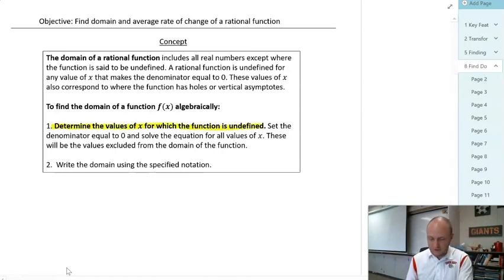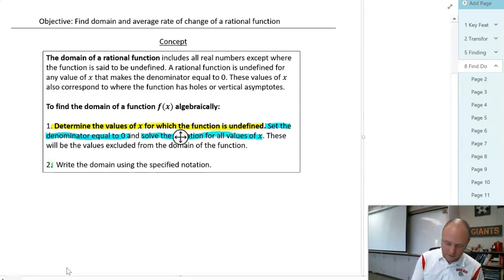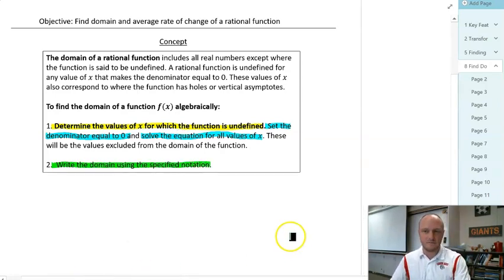We do this by setting the denominator equal to 0 and solving the equation for x.